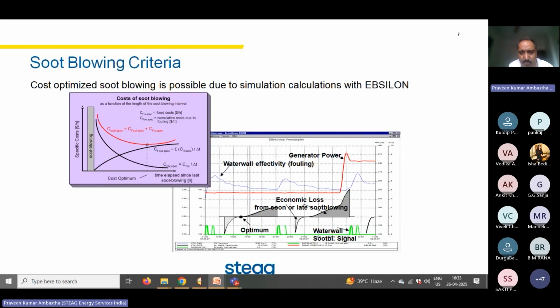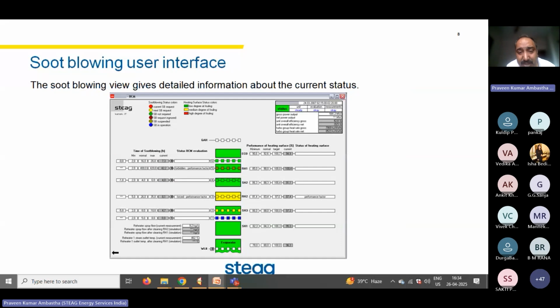We try to give the weightage and try to minimize the error at the output, and accordingly we try to find a very correct heating surface efficiency. So heating surface efficiency, time criteria and all the other criteria are taken, and accordingly we tell you whether the surface is dirty or not dirty, and whether you should go for soot blowing or not.